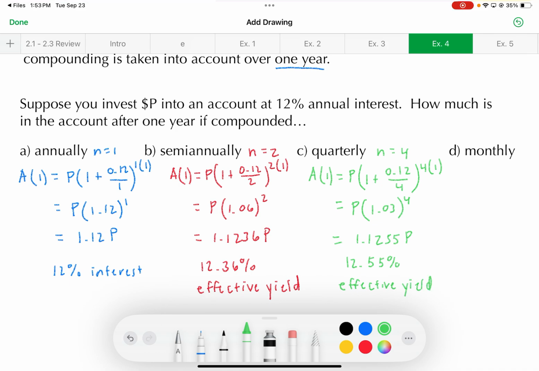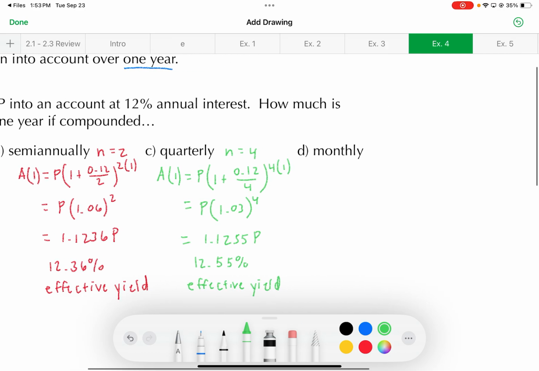Notice how this percentage keeps increasing. We'll need a greater simple interest rate with a greater number of compounds at play. Okay. All right, and then the last one here, monthly, N would be 12 in that case. The amount in the account after 1 year would be your principal times 1 plus the interest rate divided by 12 now to the power of 12 times 1.